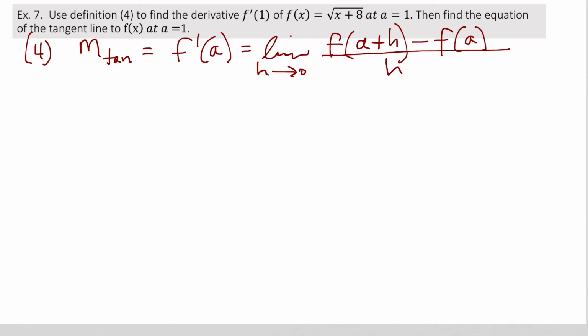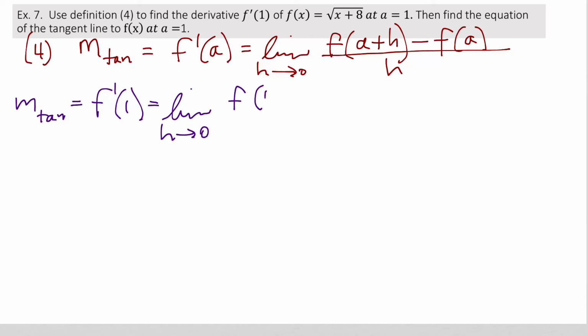So we're going to find the slope of the tangent line is equal to the derivative evaluated at 1. So that's a limit as h approaches 0. This is called the limit definition of a derivative. So we're going to substitute 1 for a.